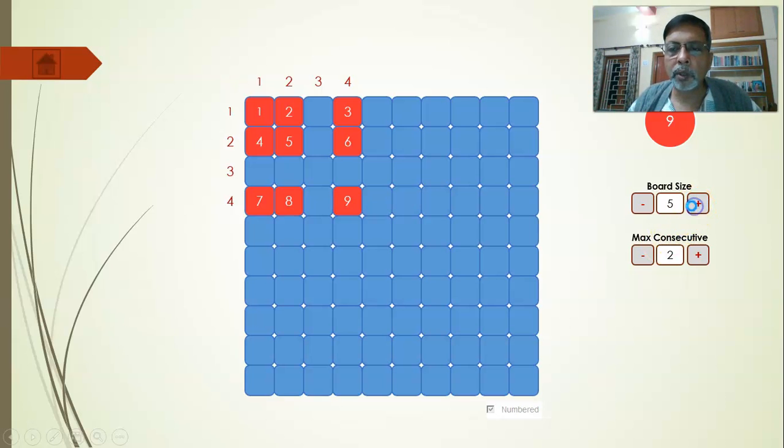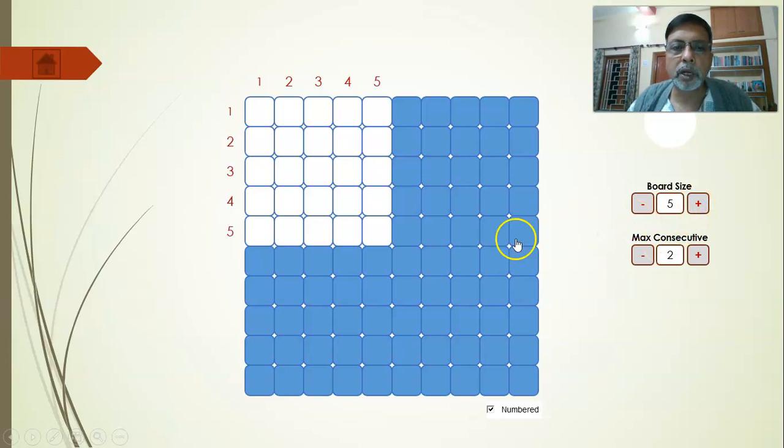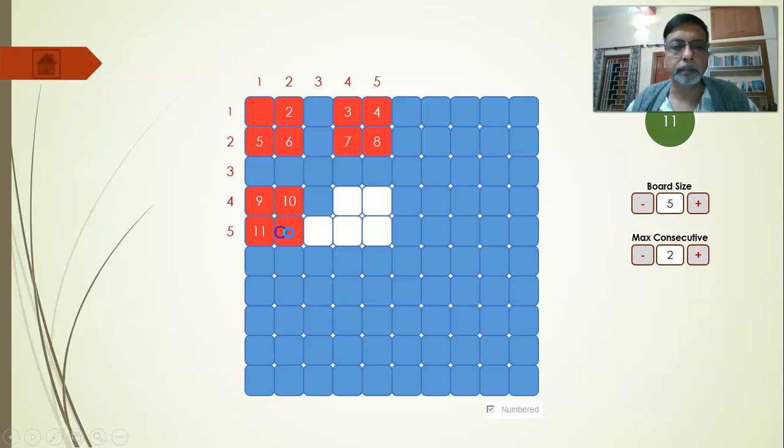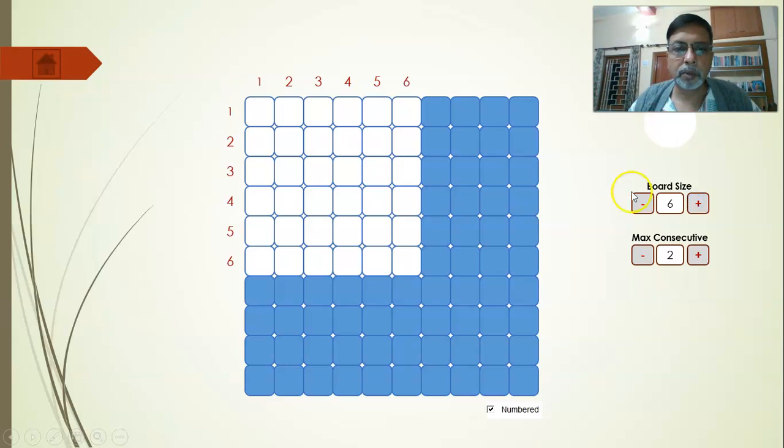One can play with that. One can play with larger board sizes. So for 5x5, the maximum possible is 16. For 6x6, I think it's possible to put 20.